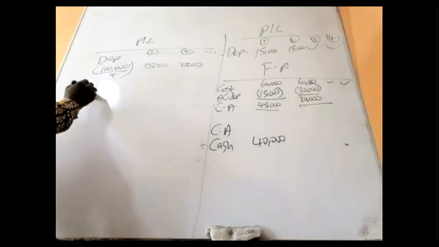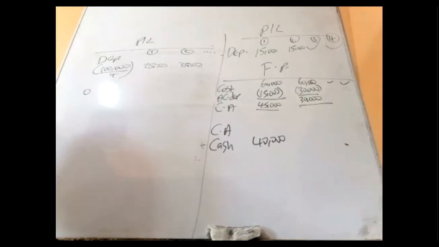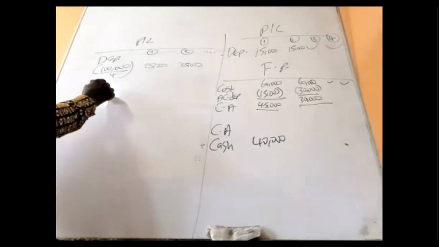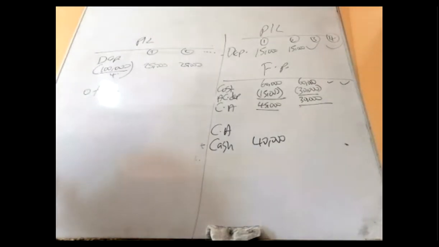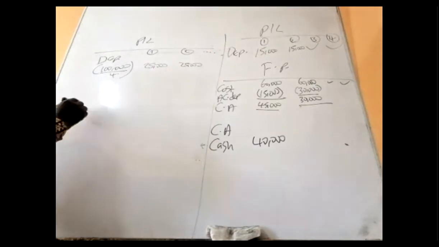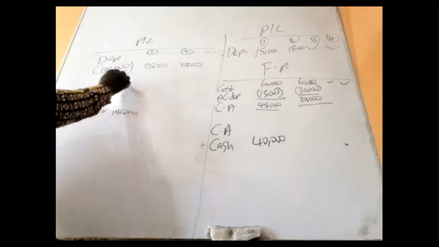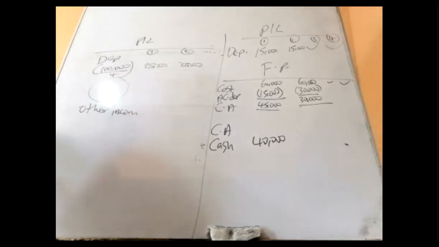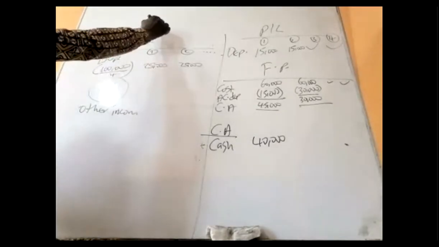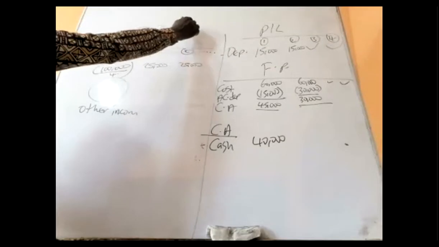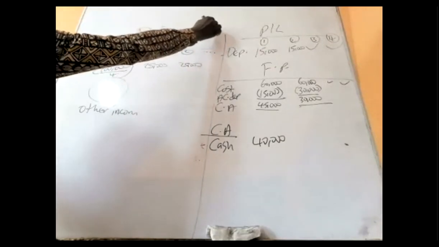Then when it comes to other income. The same P&L, other income. Great. So this is the deferred credit approach.